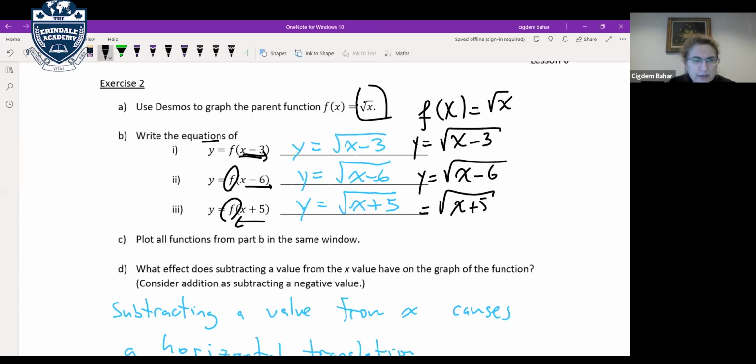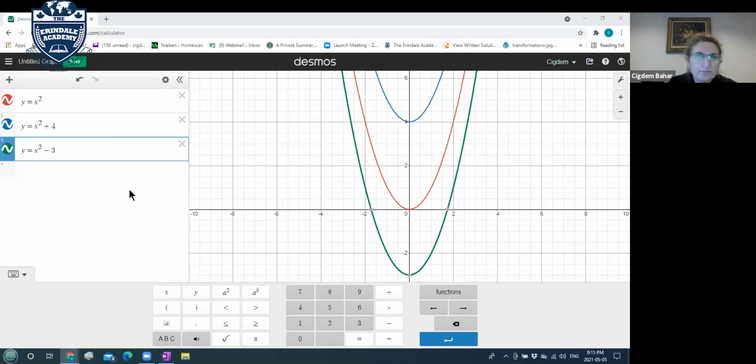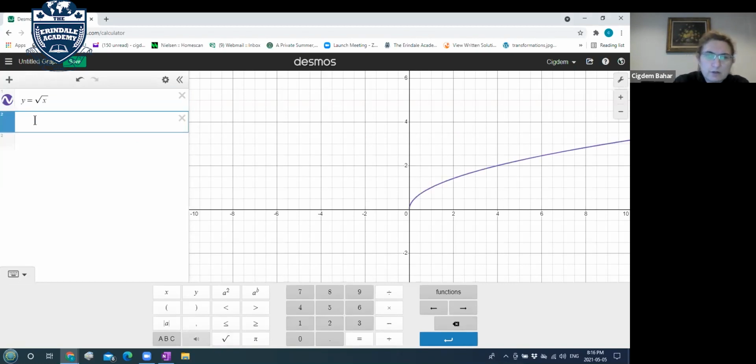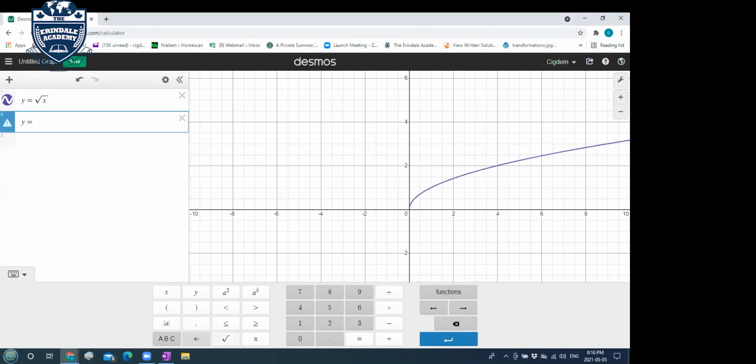Go to Desmos now. So the original one is square root. This is the parent function. Open the square root of x. Second one, what was the second one?